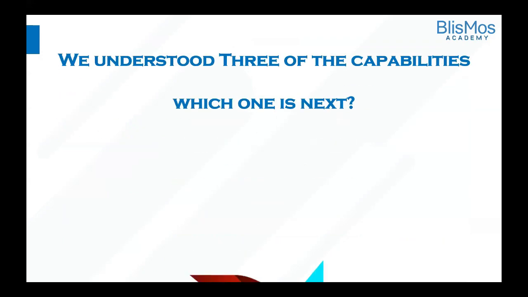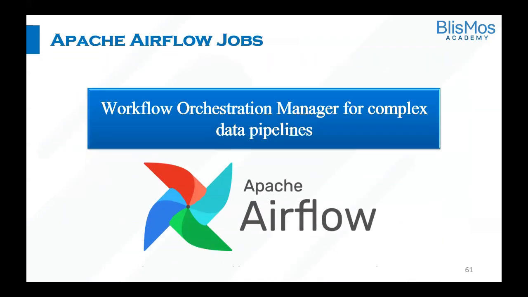The last one is the Apache Airflow jobs. As we discussed about orchestration already, when Vinith asked me a question. When you have built a mammoth data pipeline, you have to ensure that things are running appropriately at the right intervals.